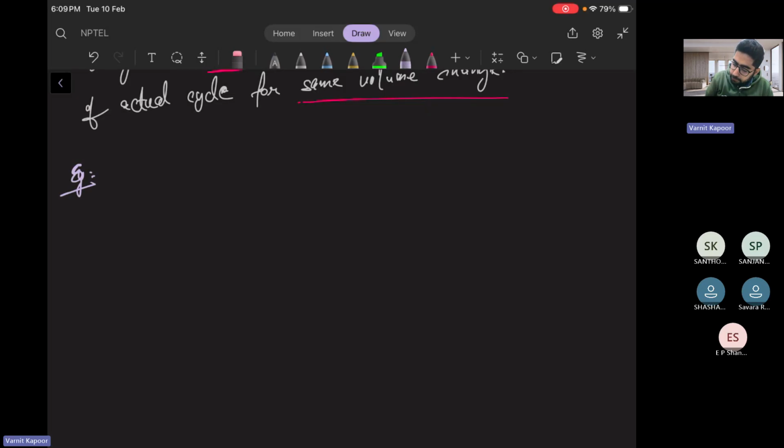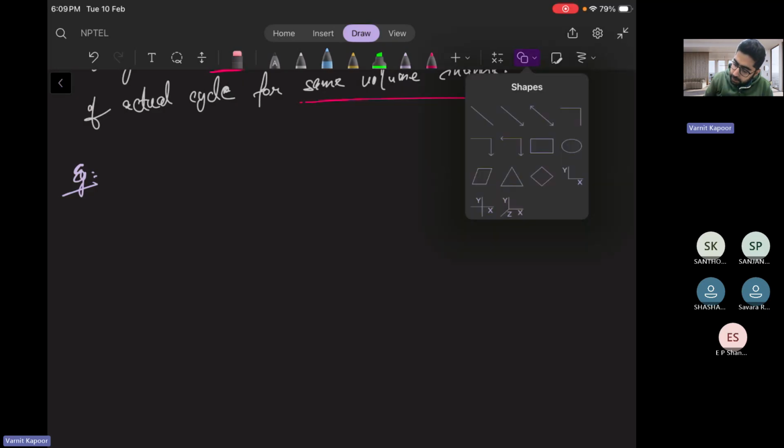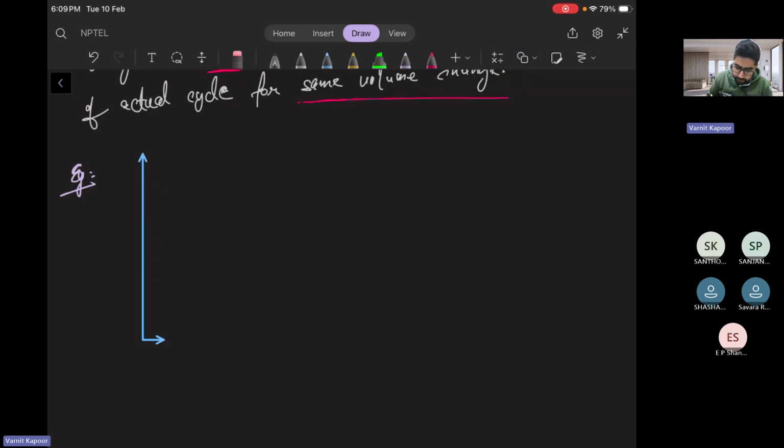we have the plot of an Otto cycle. Let me draw it once again. We have the pressure-volume plot of the Otto cycle. I hope everyone remembers how it looked.